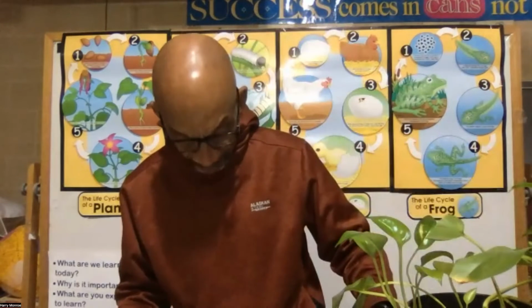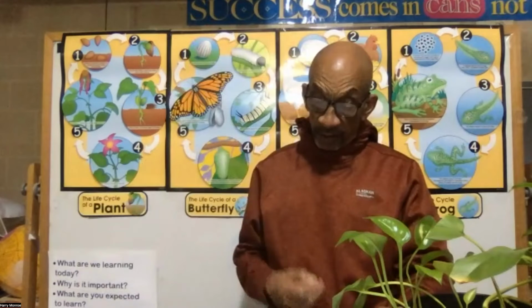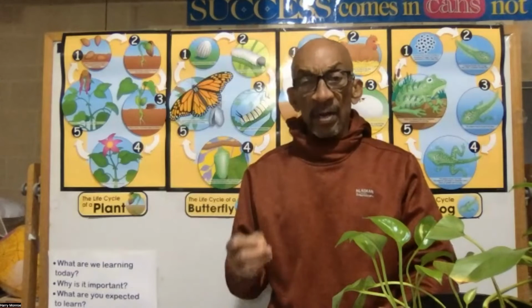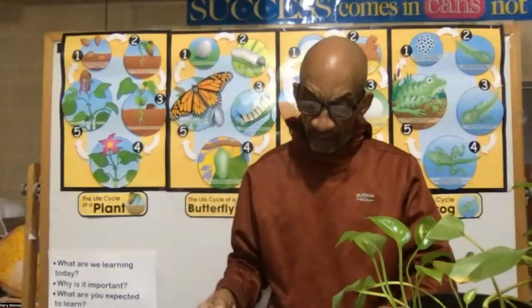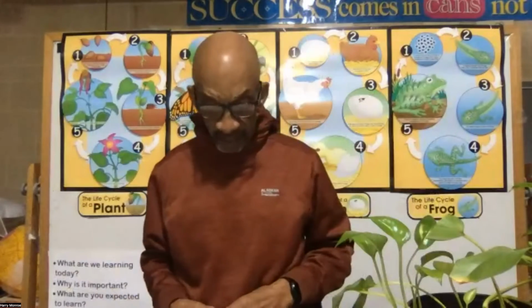And that animal or that plant that is growing from the seed or from the egg is called an offspring. Now, over time, the offspring are going to grow and develop. That is another characteristic of living things, growing bigger and developing. That's something that living things do.